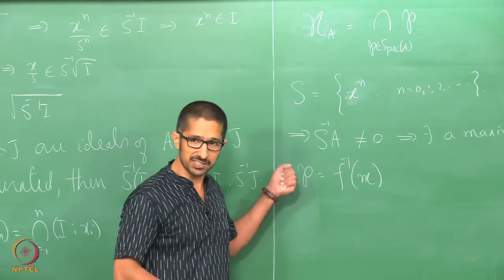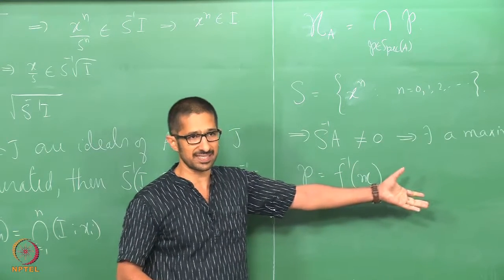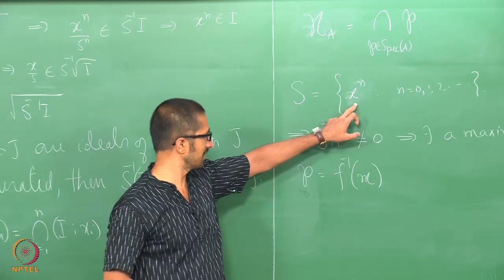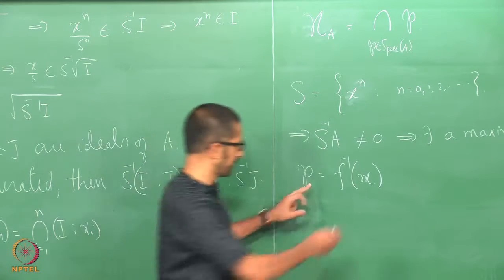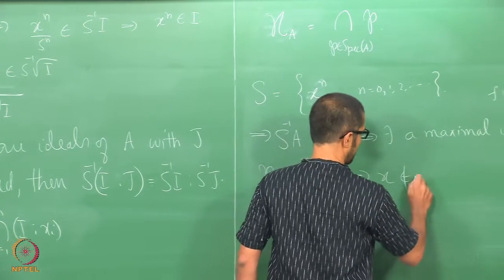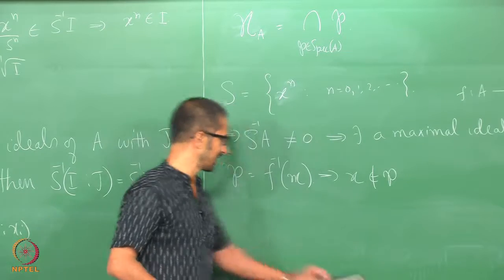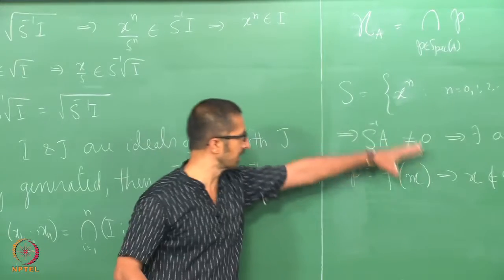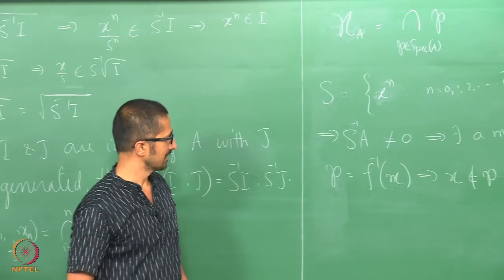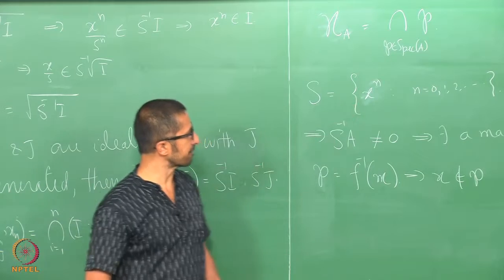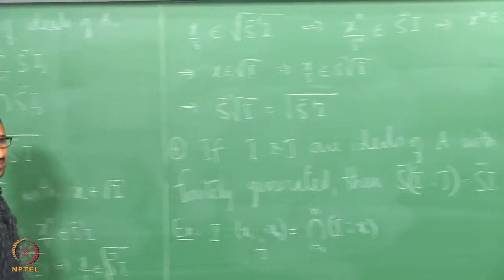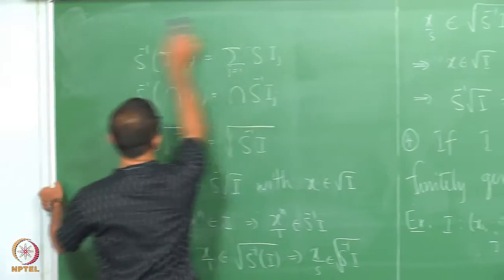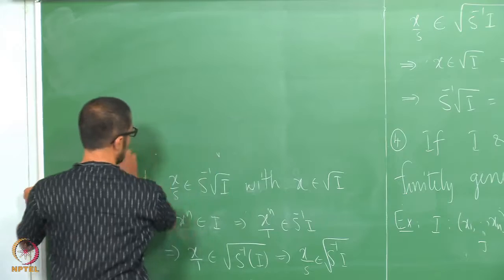All S inverse P where P does not intersect S. So, here S is this, so x cannot be in P. So, this is one direct application of that 1-1 correspondence, and a nice way to view this property: if x is not a nilpotent element, then there exists a prime ideal that avoids this element.